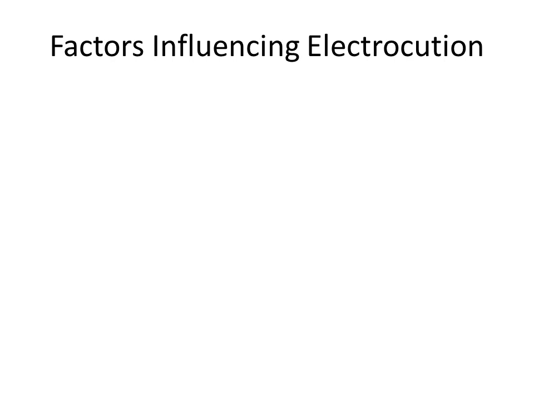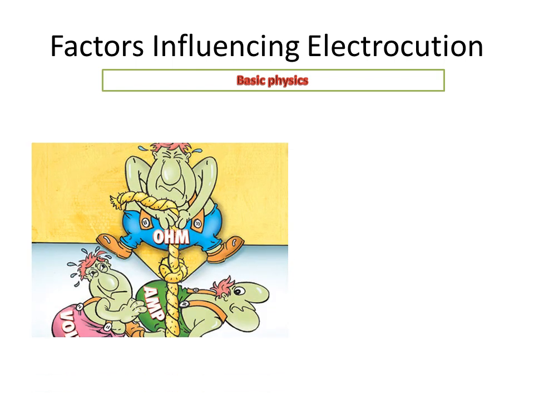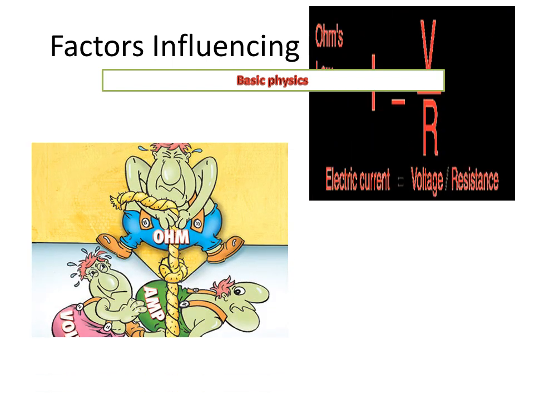Simple, rote learning, as it may be called. But the thing is that we can enumerate the different factors very easily by looking at two important laws of electricity. The first one is said to be the Ohm's law.